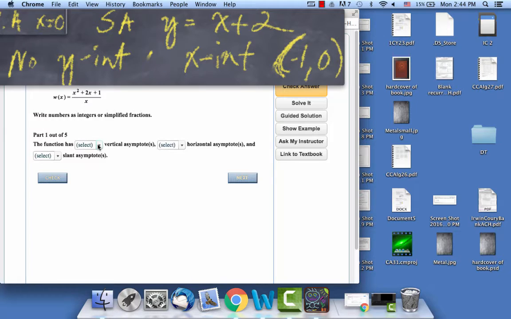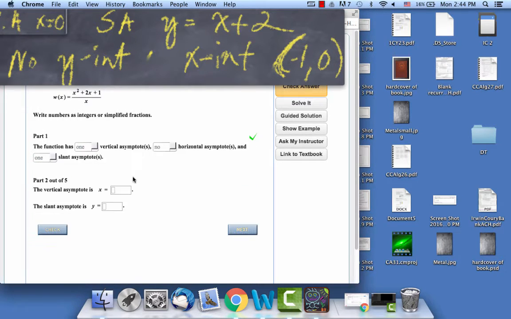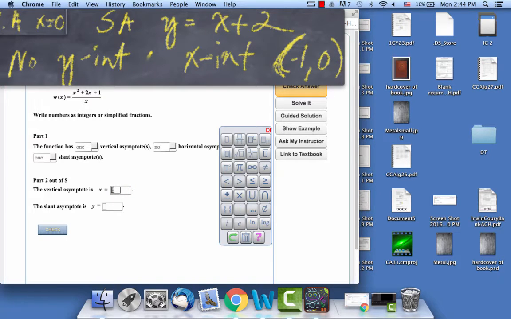Okay, so vertical asymptote 1. Horizontal asymptote, none. 1 slant asymptote. The vertical asymptote is at x equals 0.